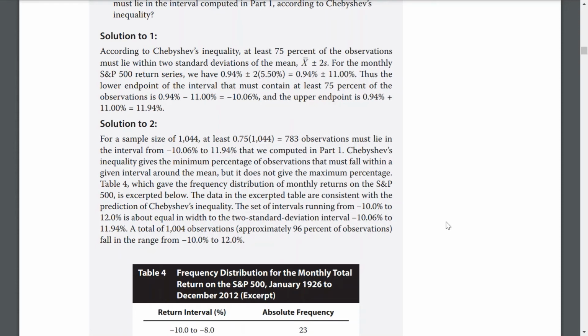Thus, the lower endpoint of the interval that must contain at least 75% of the observations is 0.94% minus 11%, which is -10.06%, and the upper endpoint is 0.94% plus 11%, which is 11.94%.